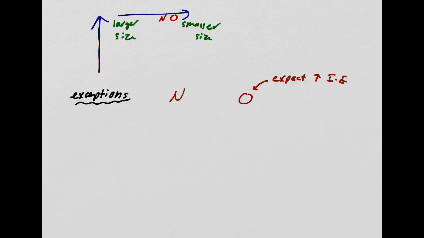Here are the values that I looked up. The value for nitrogen is 1,402 kilojoules per mole. Oxygen is 1,314 kilojoules per mole. So we expected oxygen to have a higher ionization energy, but in reality, nitrogen has a little bit higher ionization energy than oxygen. But we can explain this.